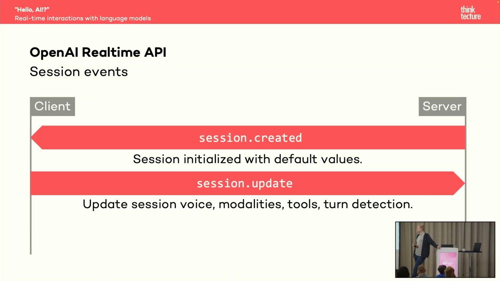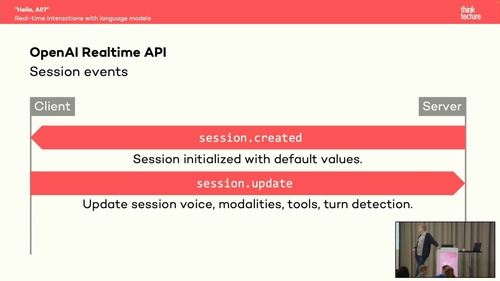If you want to do stuff like change the system prompt, then you can send a session.update event over to the API and set up the modalities. I want to do voice and text and images, right? You can set up the tools. Here's the display color palette tool. Here's fill in my form. Here is navigate inside the app.